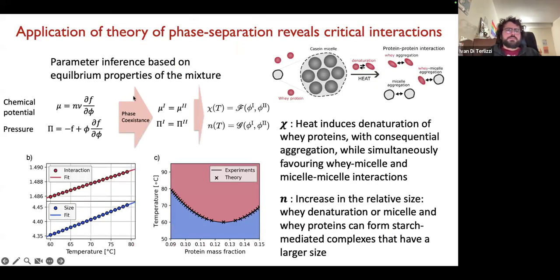Now, if you look at the free energy, the free energy can be used to calculate the chemical potential and the osmotic pressure using these formulas, which you have to believe me are true.